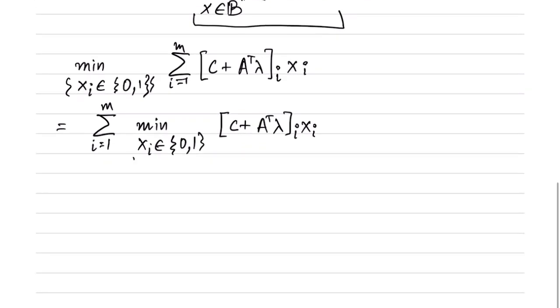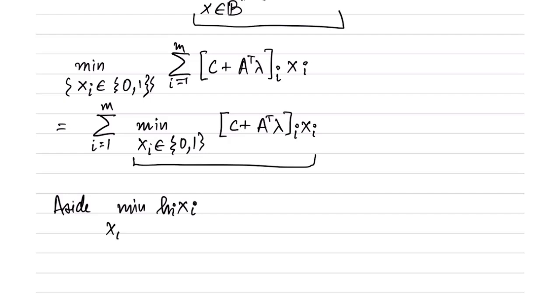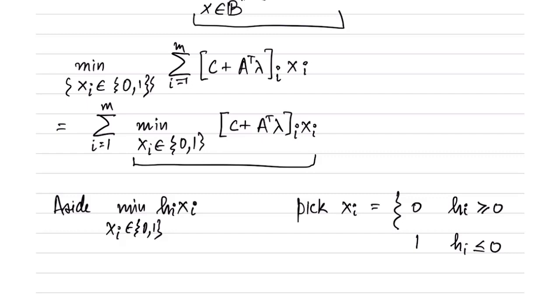Now this problem is relatively simple to solve. Let us solve this problem separately. Let us write down minimization of hi times xi, where xi is either 0 or 1. You already know how to solve this kind of problem. Essentially we are minimizing hi times xi. We will pick xi equal to 0 whenever hi is greater than or equal to 0, and we'll pick it to be 1 whenever hi is less than or equal to 0, so that hi times xi is as small as possible.